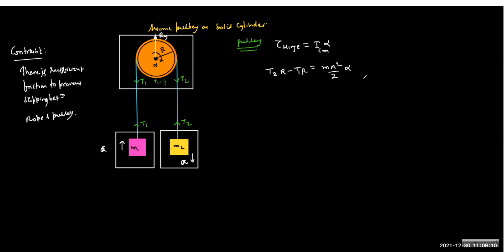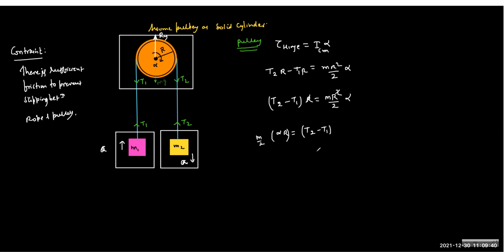Alpha is the angular acceleration. So what we're getting is (T2 minus T1) whole into R equals mR square by 2 into alpha. And probably we can get alpha R equals how much? Or you can say m by 2 into alpha R.